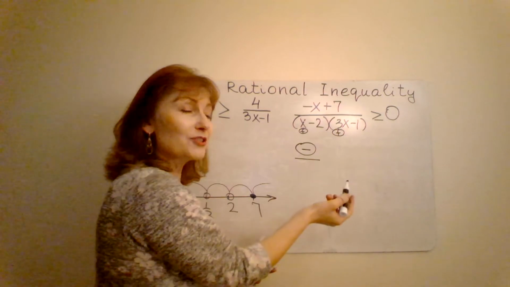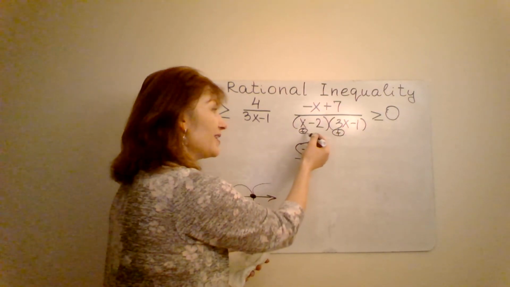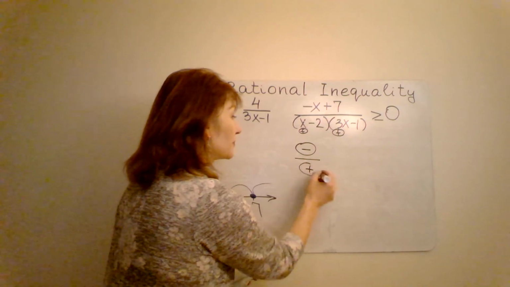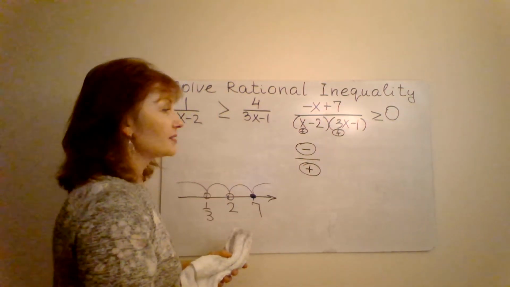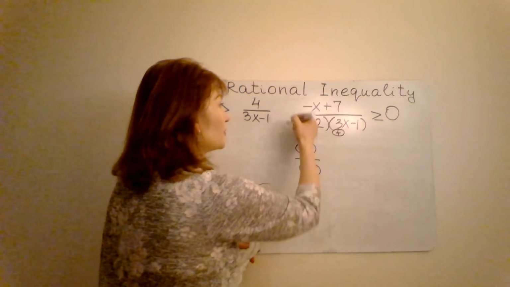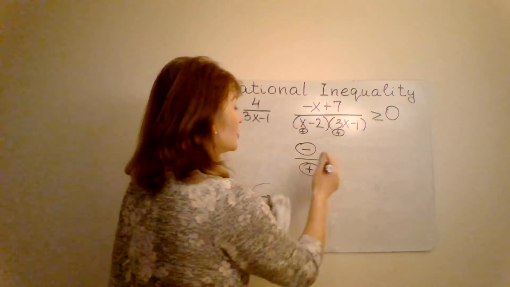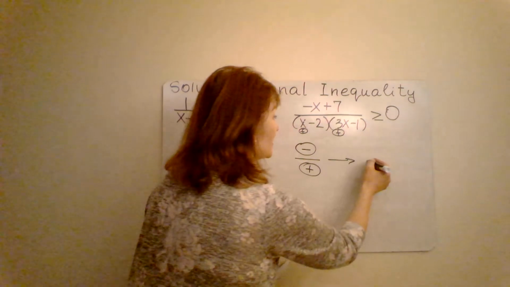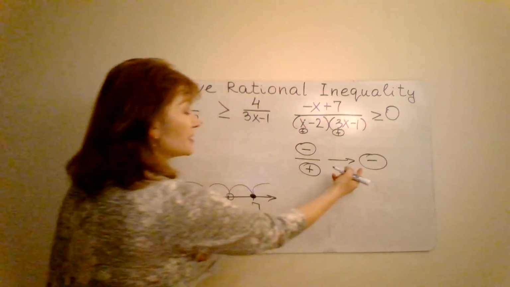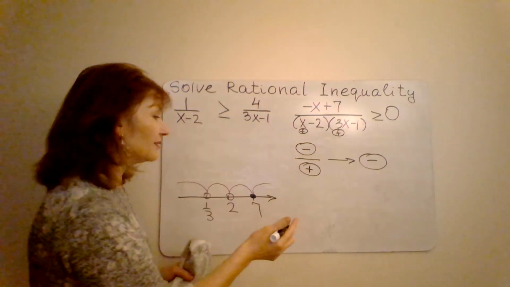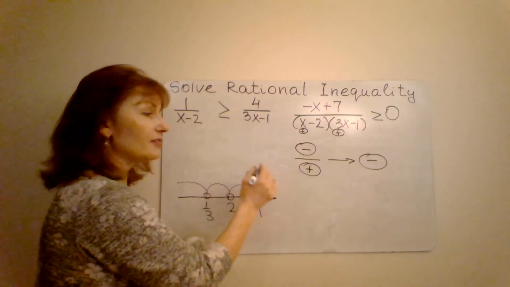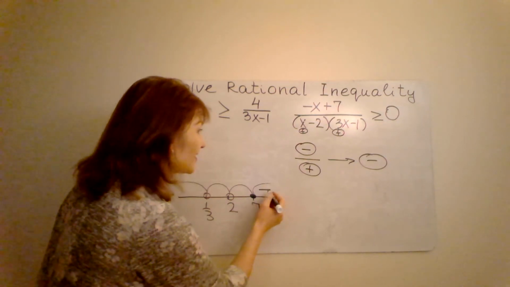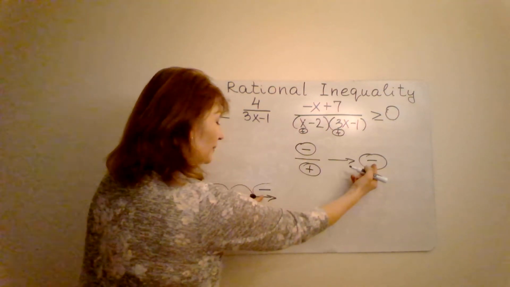Now, the leading coefficient of the denominator is positive times positive, which is positive. This way, the leading coefficient of the whole expression is minus divided by plus, which is negative. So this sign goes exactly on the very right interval, the most right interval.